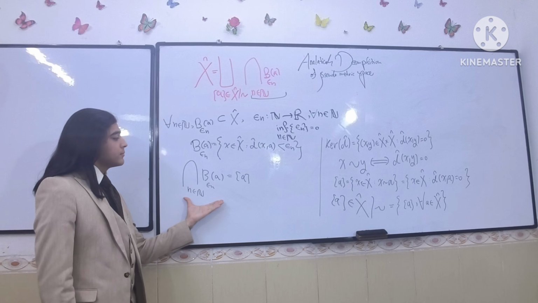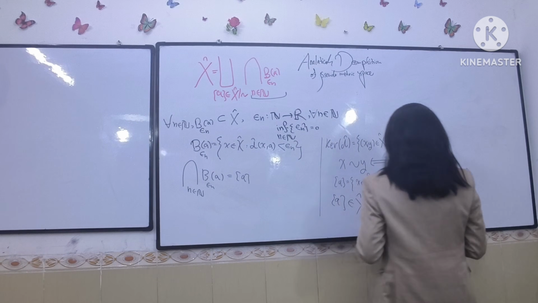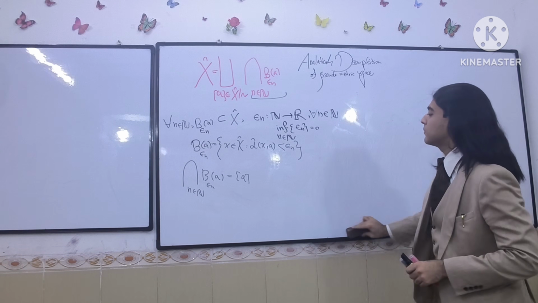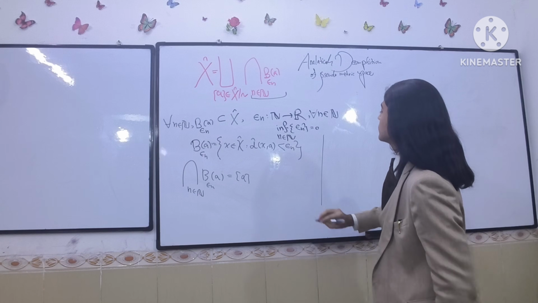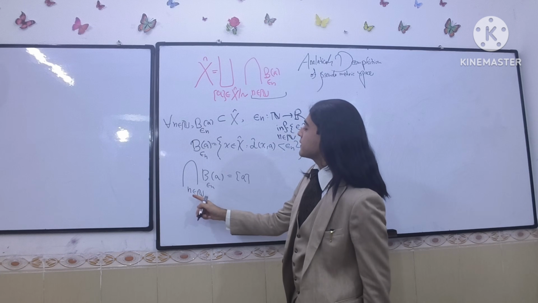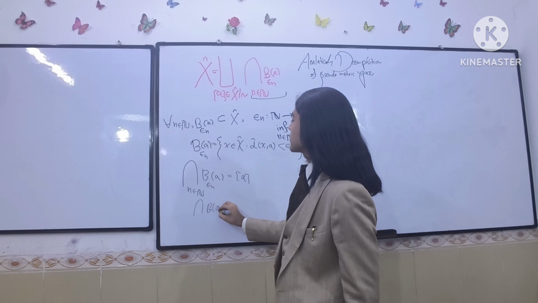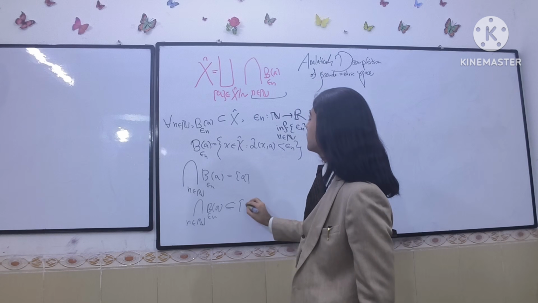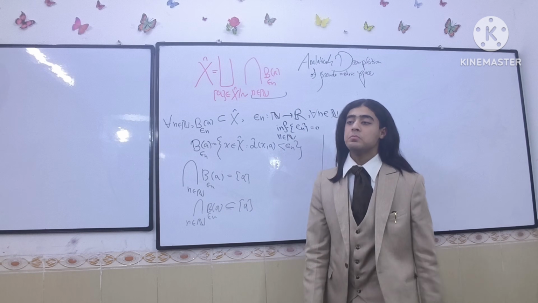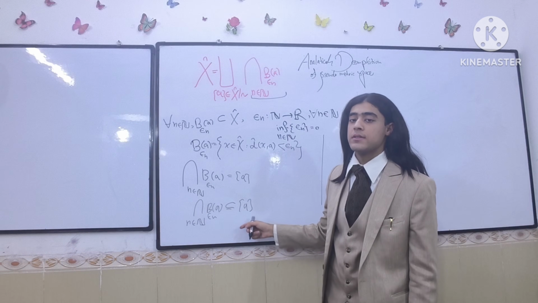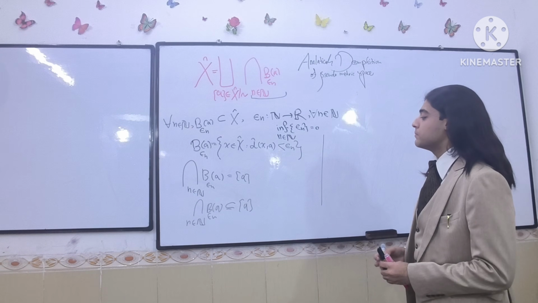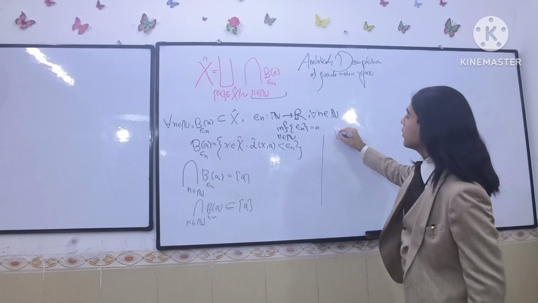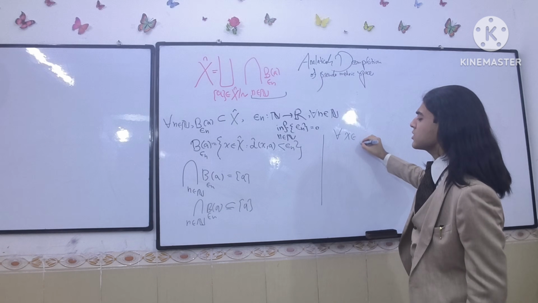I need to prove this. Let's prove it. Firstly, I'll prove that the intersection is a subset of the equivalence class. Suppose x is an element of the intersection.